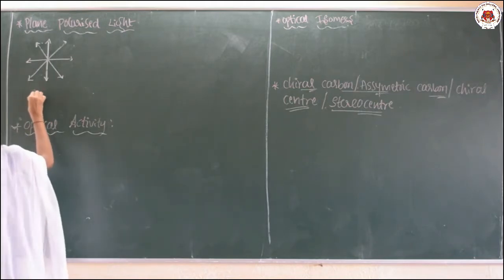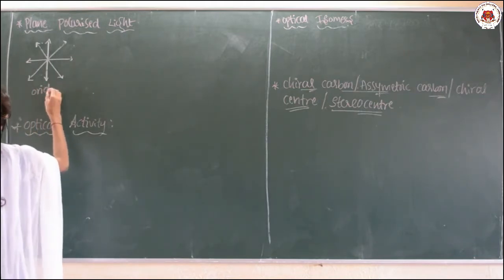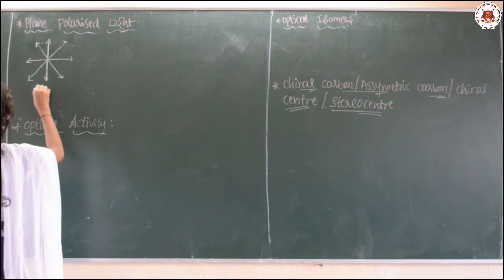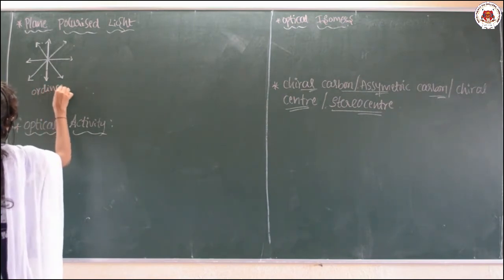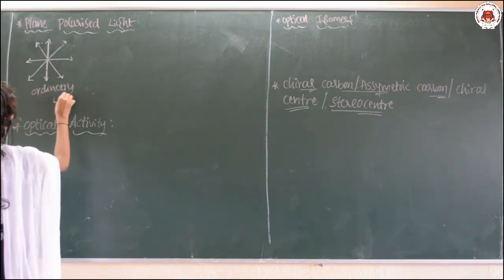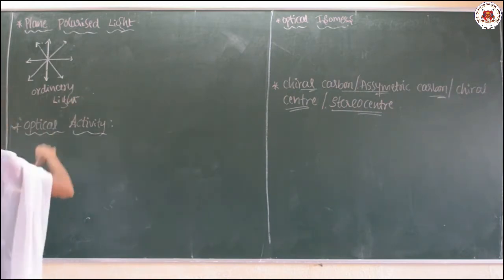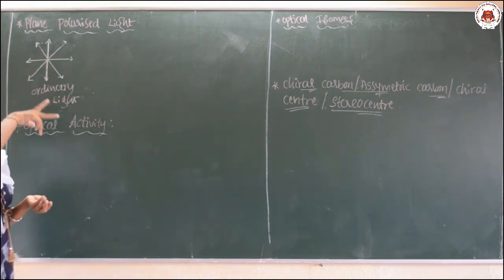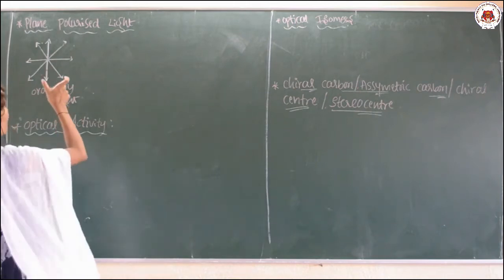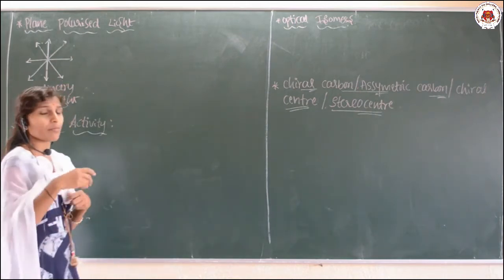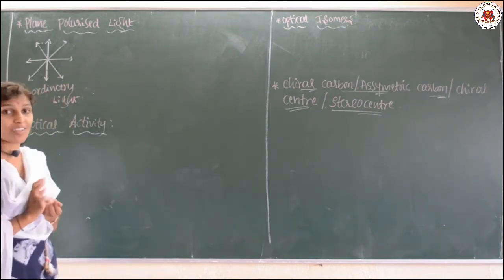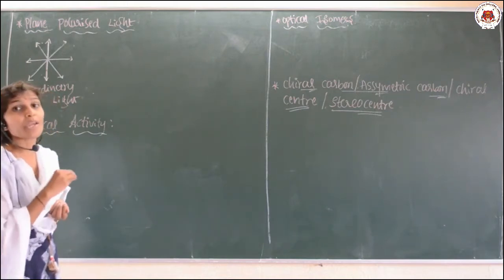This is the ordinary light. So here it will vibrate in all the directions, but when we talk about plane polarized light, it means the vibration must be confined to a plane.